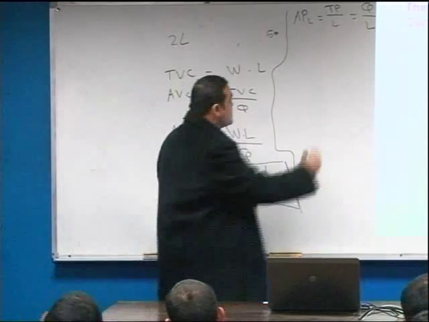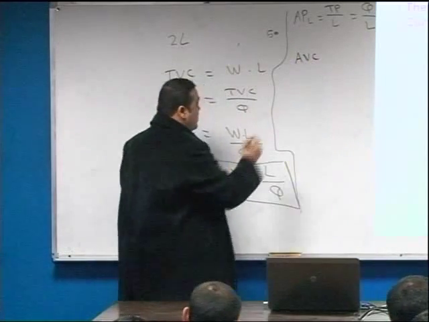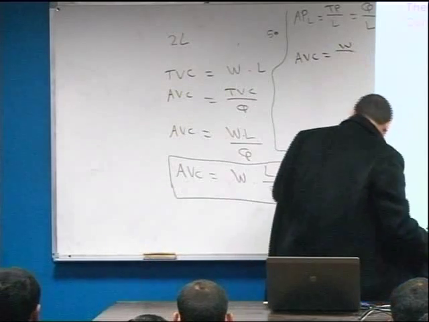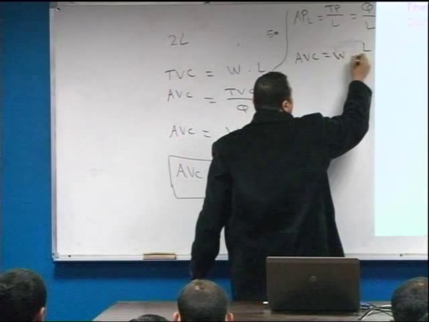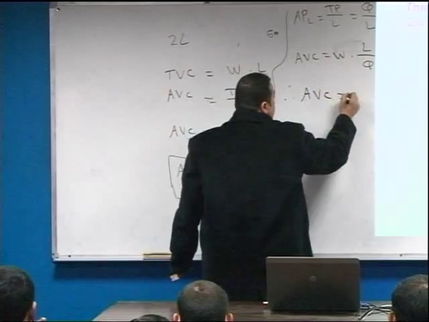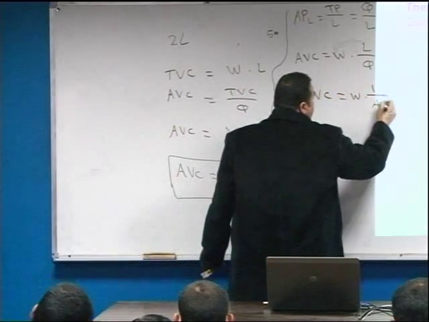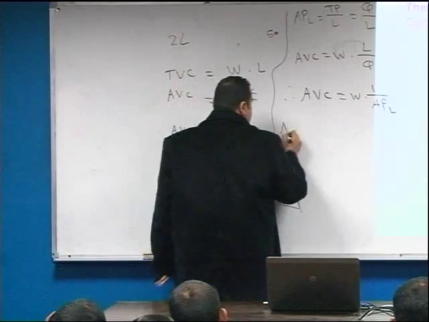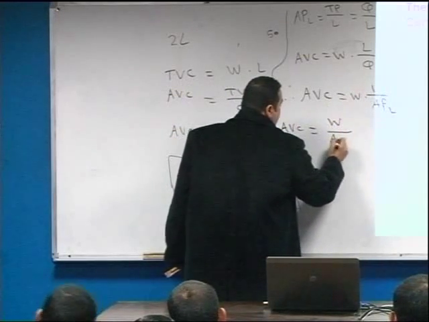Yes, opposite. So in this case, AVC equals W times L over Q, so AVC equals W times 1 over APL, or AVC equals W over APL.